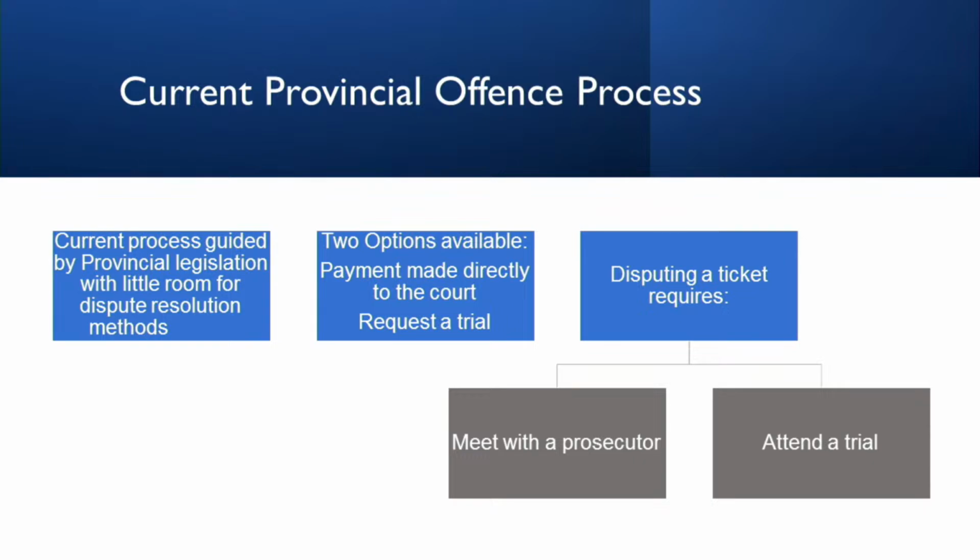If they choose to dispute a ticket, they will attend court to meet with our legal staff, with the prosecutor, to have what is known as an early resolution meeting. If the prosecutor is able to negotiate an agreed upon settlement, they still have to go before a justice of the peace, as they are the only ones that have the final decision. This often requires people to take time off work and potentially sit in court all day.